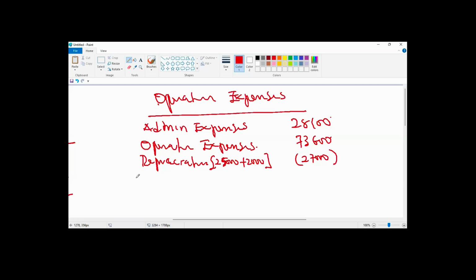Is it profit or loss on disposal? Loss. Loss of how much? 10,000.